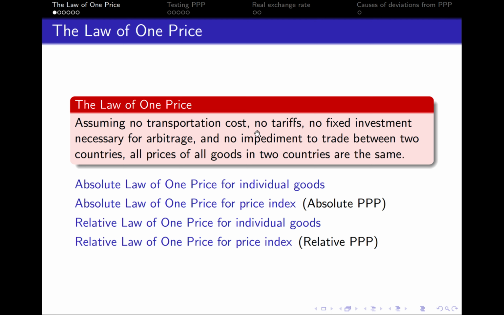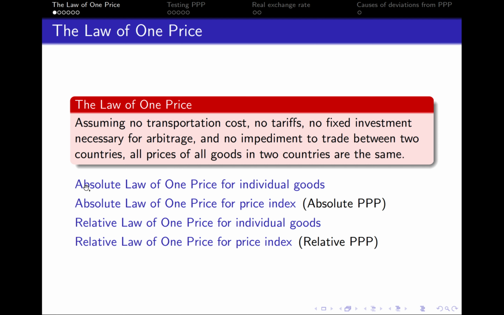We can imagine a situation with no tariffs, like in the European Union. Then we've got no fixed investment necessary for arbitrage. This is something I'm going to discuss with you a little bit later. And generally, no impediments to trade whatsoever. Look, in these circumstances, prices of the same goods in two countries should be exactly the same.